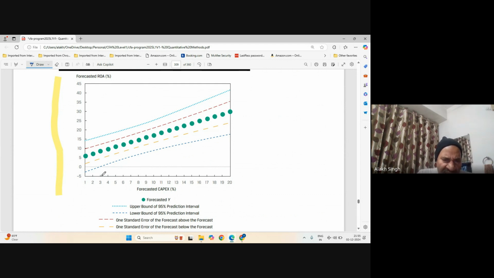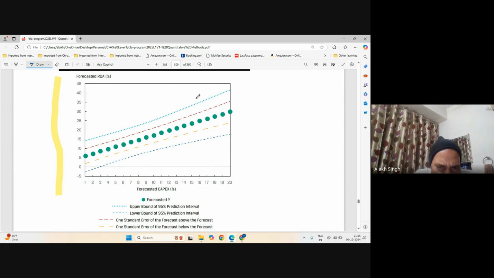And then it is telling us that if we graph it, it will be like this, which means it is becoming wider. Here at the mean, this range is thinnest or smallest, and as we move away from the x bar, the interval prediction of y will vary. The upper bound of the 95% prediction interval is this one.